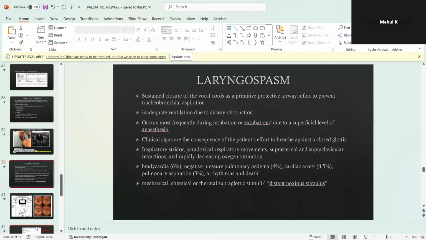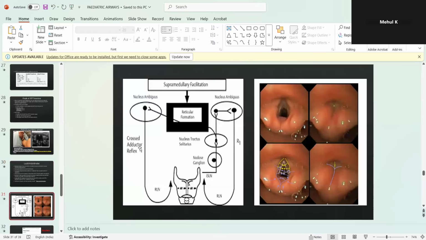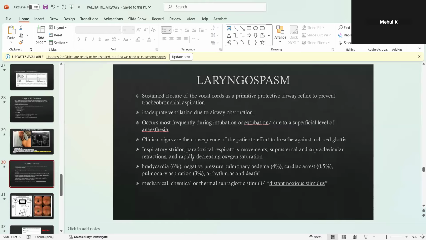It goes to the nucleus tractus solitarius, and the efferents are by the recurrent laryngeal nerve that causes sustained adduction of the vocal cords. Some describe it as a focal seizure of the adductors of the vocal cords, but that's not really true.